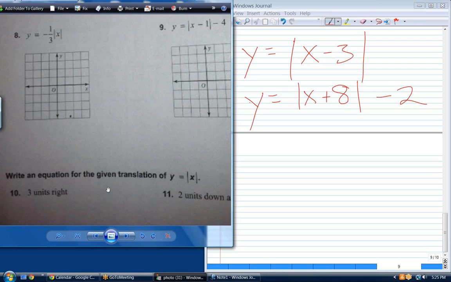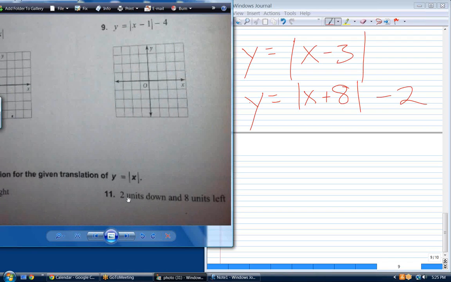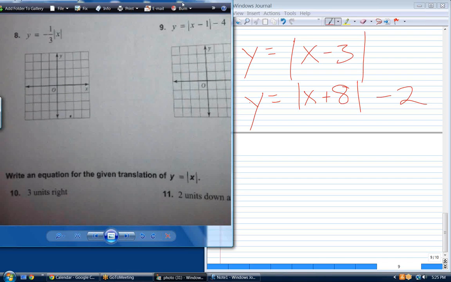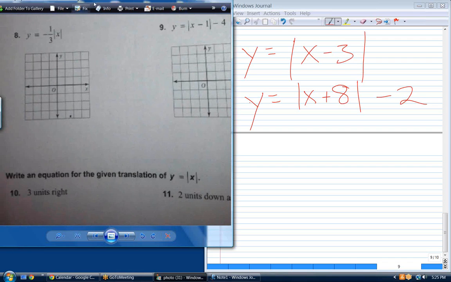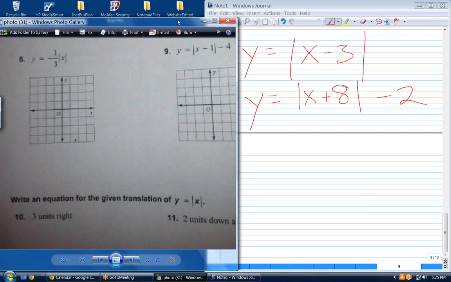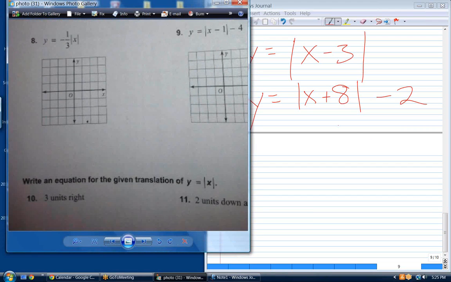Your teacher doesn't seem to call them that. As long as you know that 3 units right means a horizontal shift to the right, and 2 units down means a vertical shift down, and a horizontal shift left, it doesn't matter if you know the terminology. At least it might not. All right?